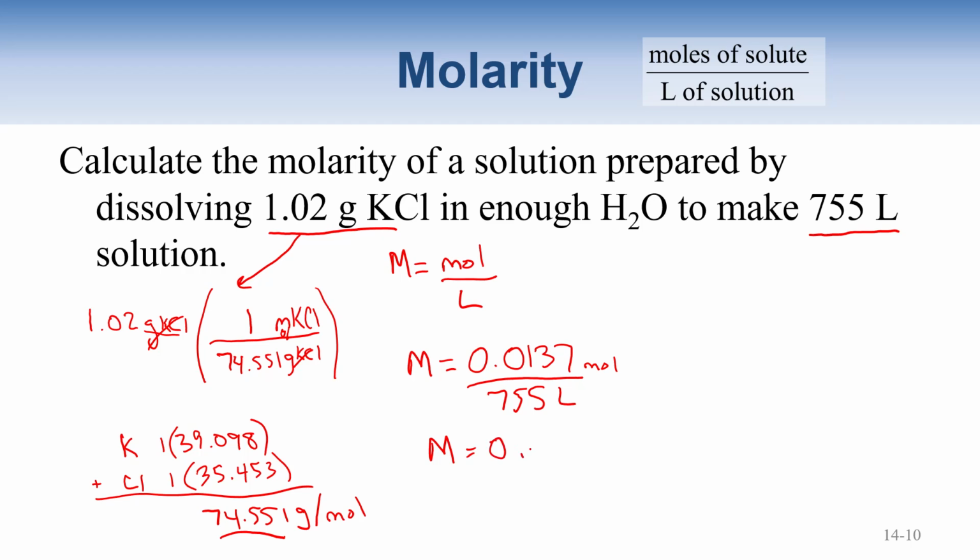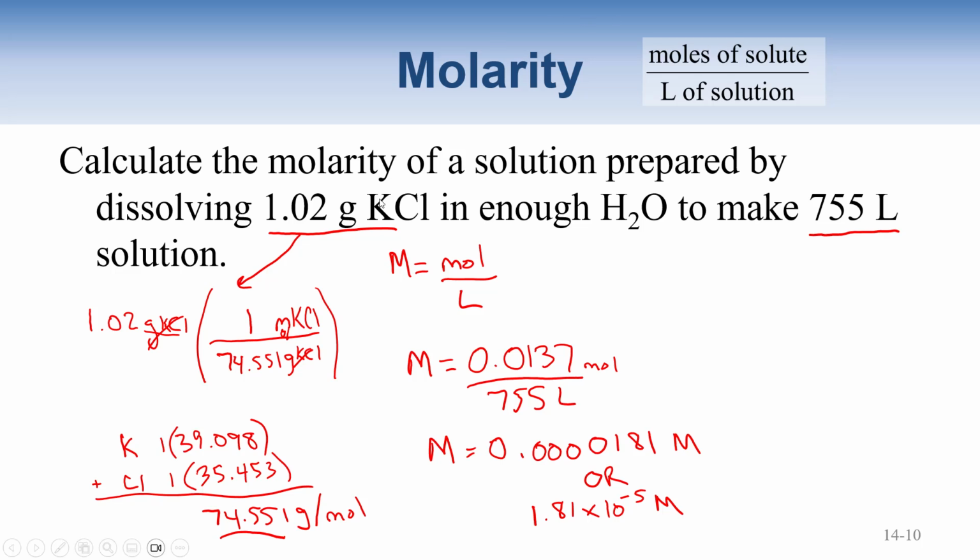Equals 0.0000181 molar, or if we want to write this in scientific notation, we'd go 1, 2, 3, 4, 5, 1.81 times 10 to the negative 5 molar. So this one kind of put a lot together. We got some unit conversions happening in the last problem, we've got the molar mass involving the moles and mass calculations, and now we've got scientific notation coming back.